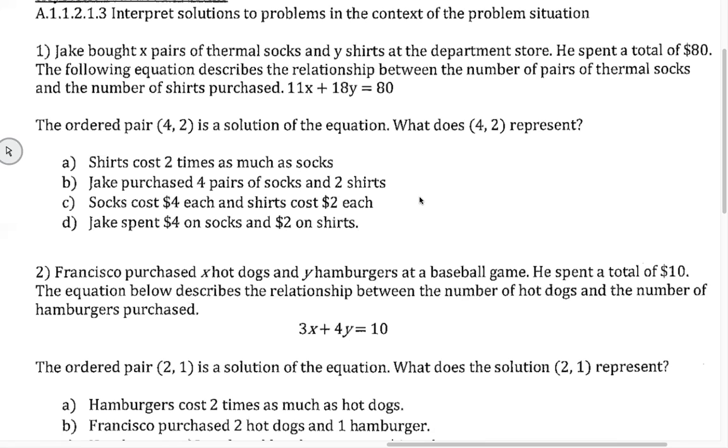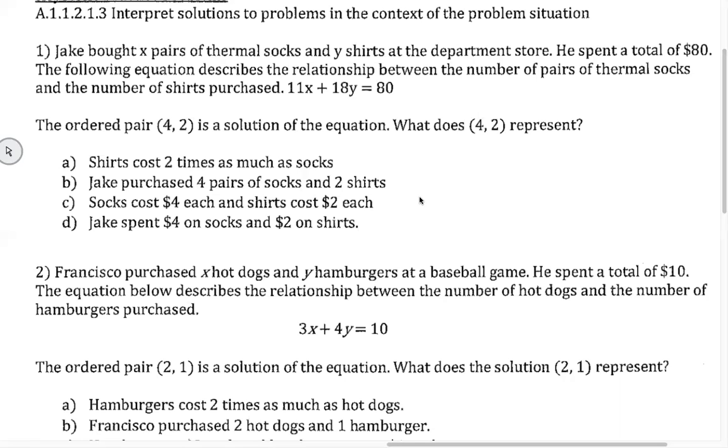So 11 must also be talking about price because I'm simply going to do $11 times the number of socks that I purchased. And my shirts cost $18 apiece. So that's going to be 18 times the number of shirts. And that is going to have to add up to 80. So I have the cost of the shirts, the cost of the thermal socks, the cost of how much I spent. Now it's asking me, what does (4, 2) represent?